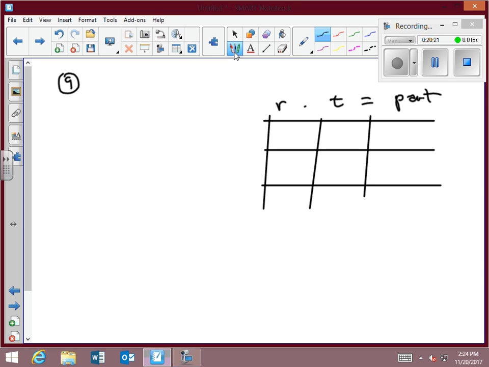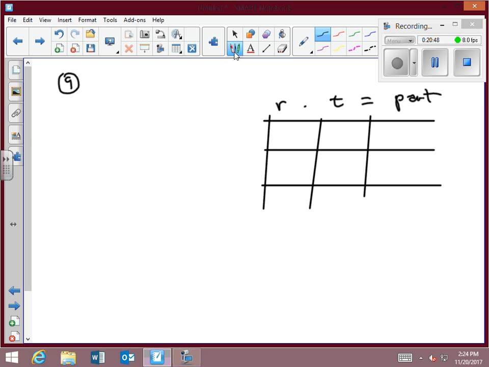It says using one of the pipelines would require 45 minutes to fill the tank. Is that together or by itself? By itself. So you can get a rate from that one, can't you? That one fills at the rate of 1/45th of the tank in a minute.